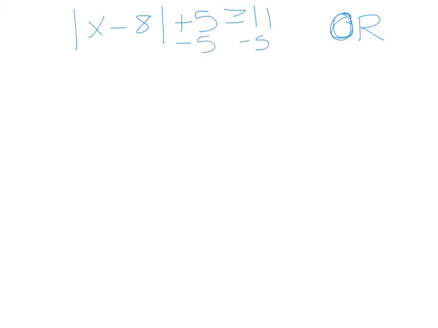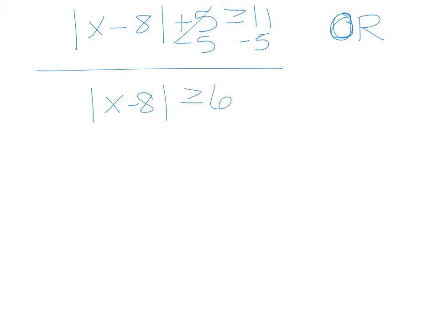For the or statements, we have our absolute value x minus 8, and then plus 5 is greater than or equal to 11. So since this is going to be an or statement, I'm going to have to write two separate inequalities this time. Well, first I'm going to isolate my absolute value bars. It's always the first step, just like in the absolute value equation. So the absolute value of x minus 8 is greater than or equal to 6.